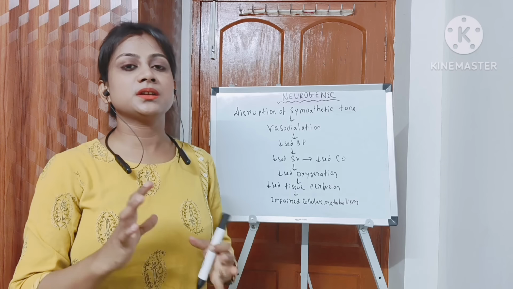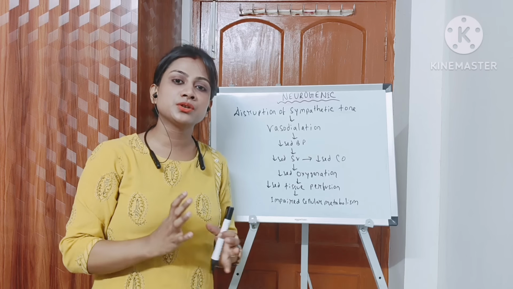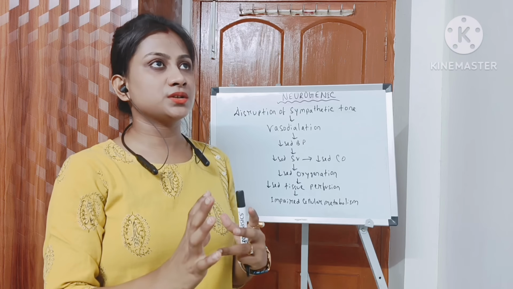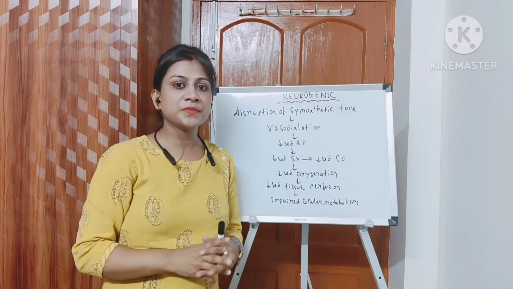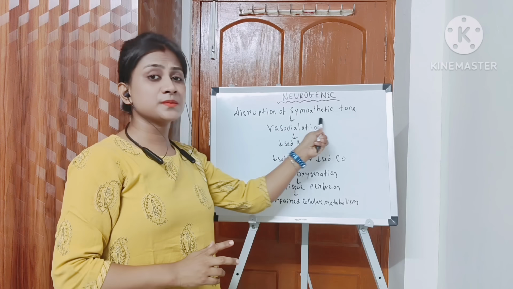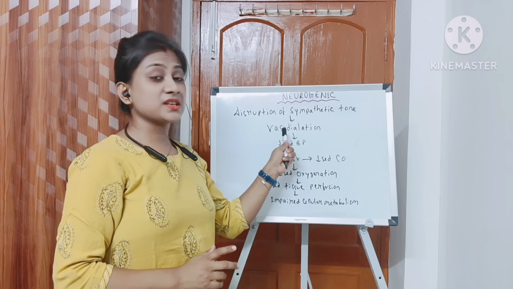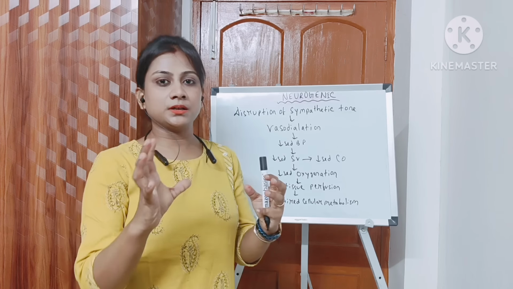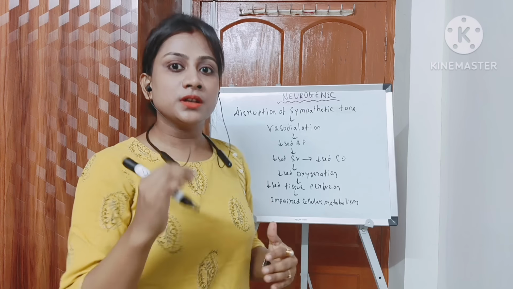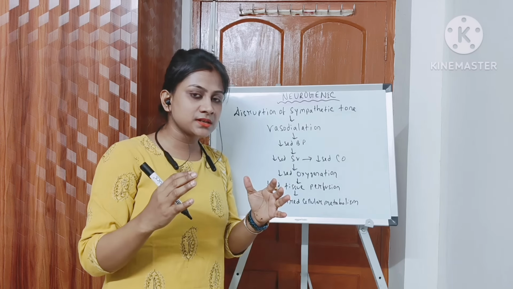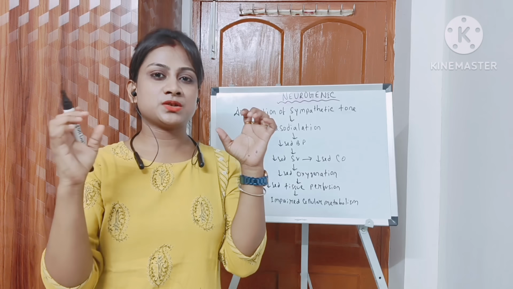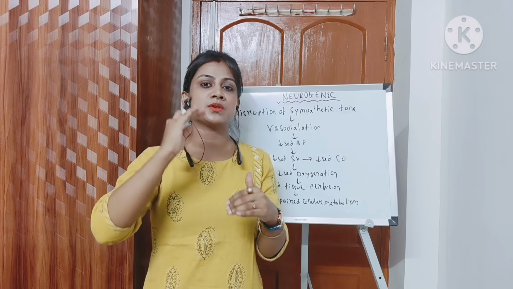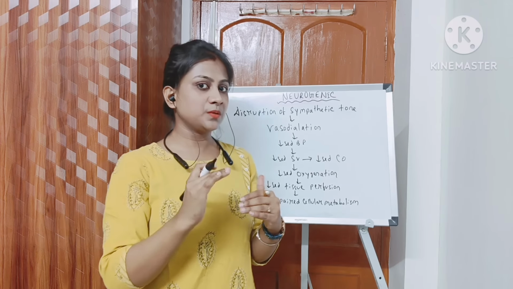The sympathetic and parasympathetic nervous systems actually control vasodilation, vasoconstriction, the BP, the heart rate, like that. We all know. So whenever there is disruption of sympathetic tone, what will happen? Vasodilation will be there. Artery and vein will dilate. We know whenever vasoconstriction is there, BP will increase, and whenever vasodilation is there, the BP will decrease.